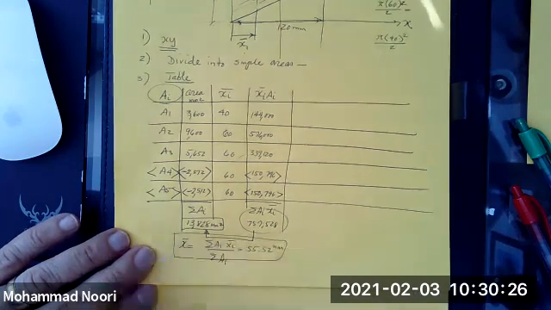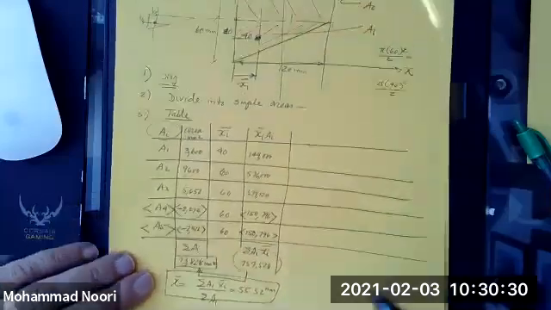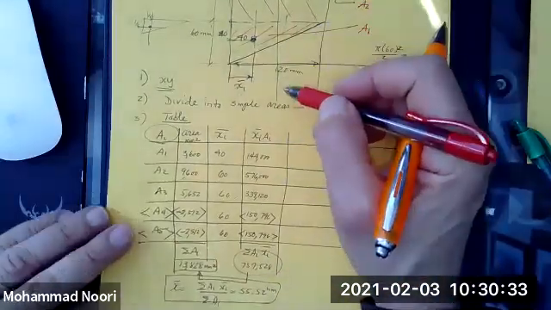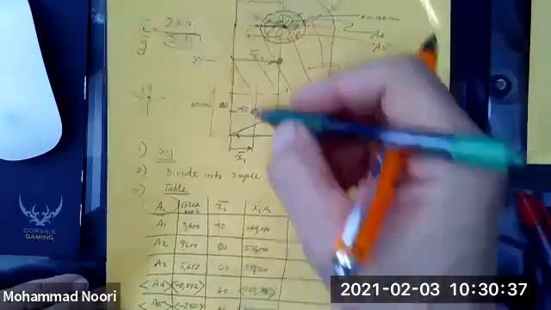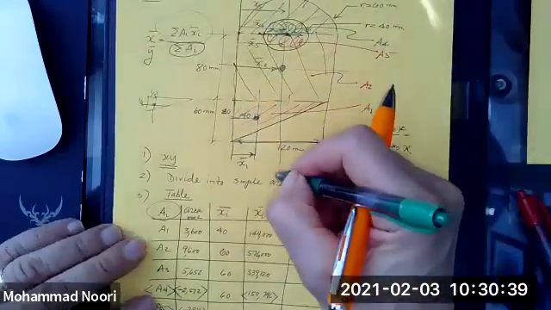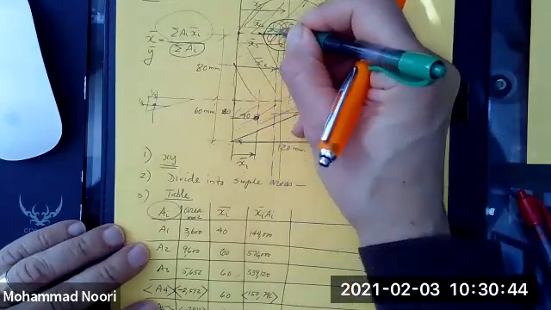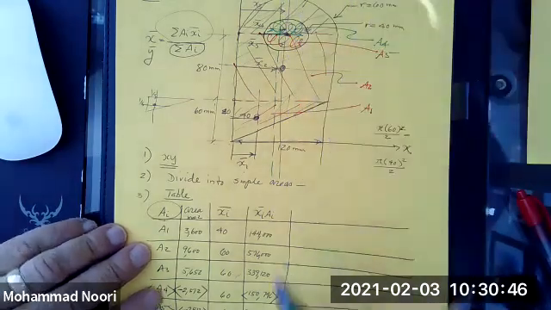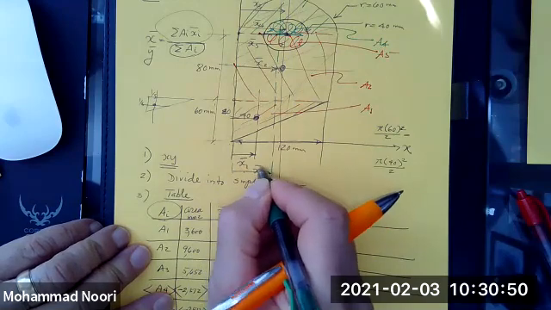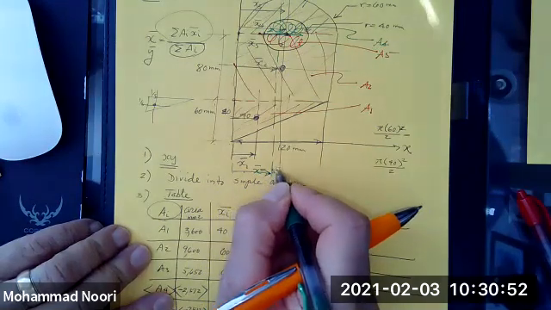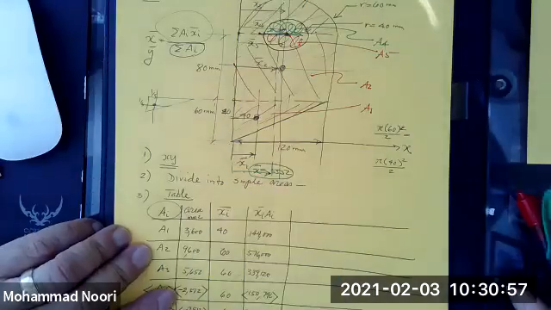So you found the X distance for the centroid. So you know that the centroid of this shape must be located along this line, and this line is this X bar, which is 55.52.